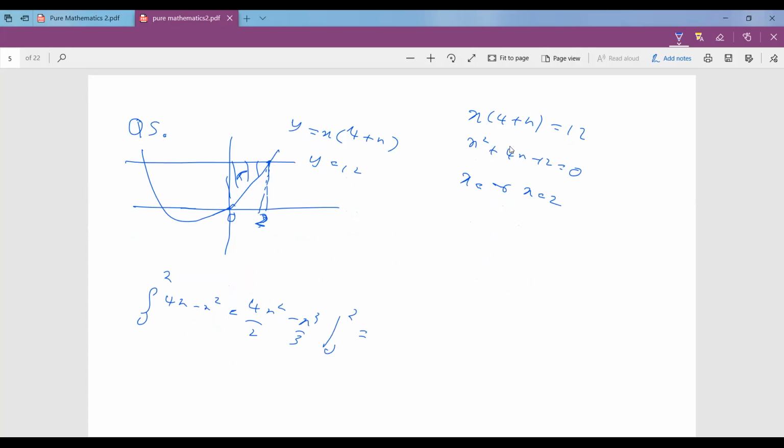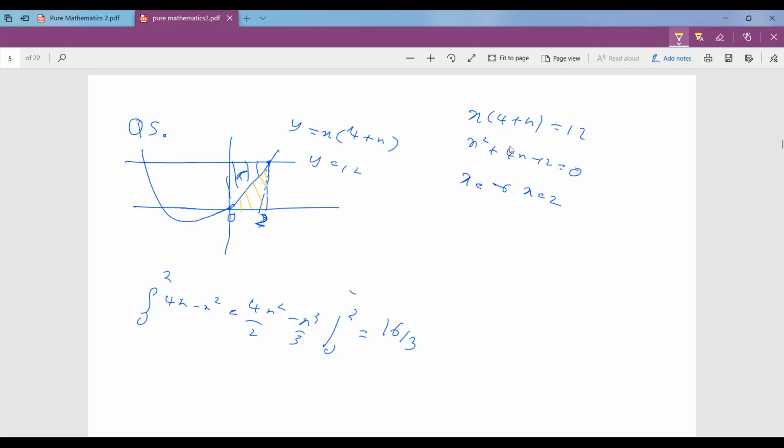If you do this, you will receive the answer, that turns up to 16 over 3 today. The 16 over 3 means this is the area between the curve and the x-axis from 0 to 2. That means we are referring to this area.